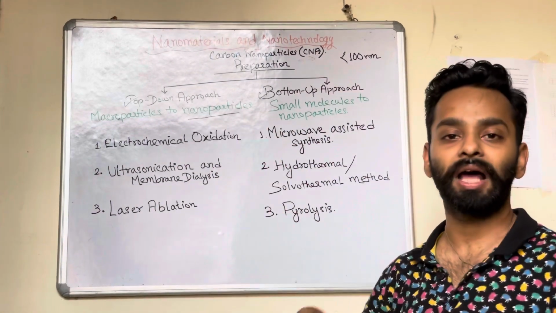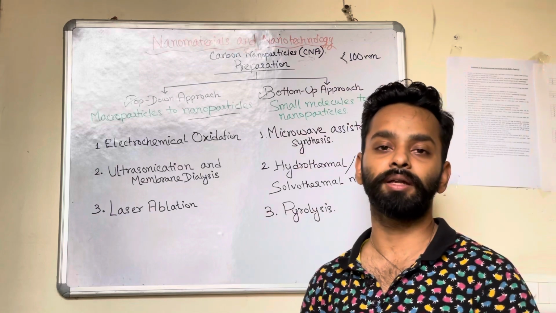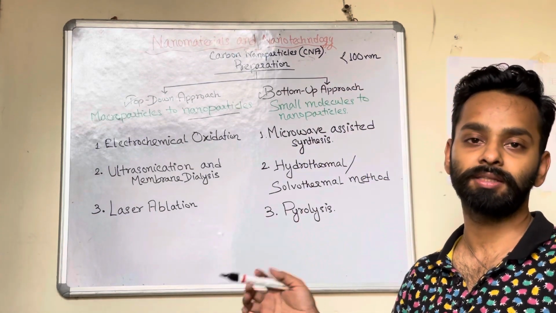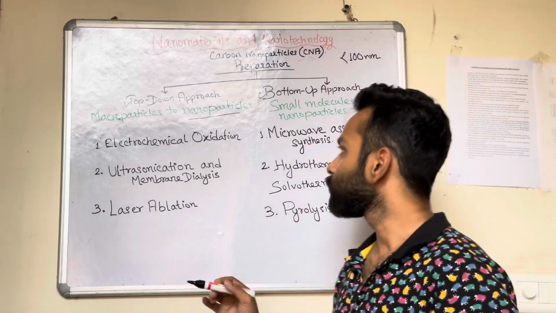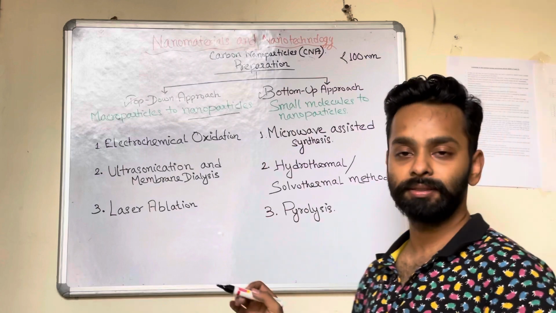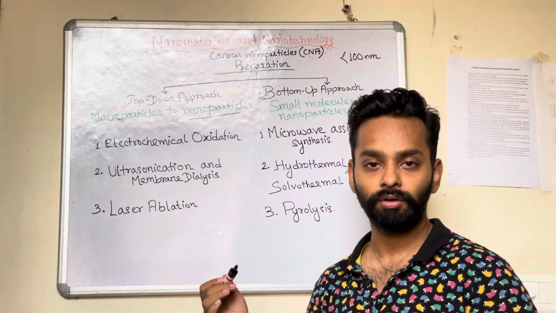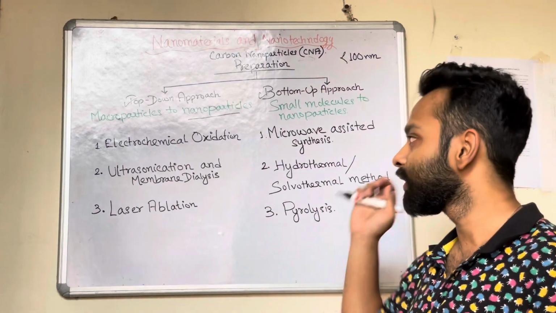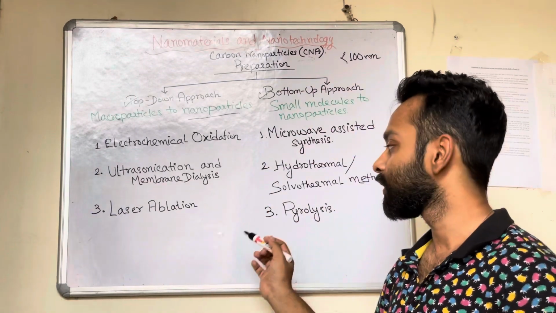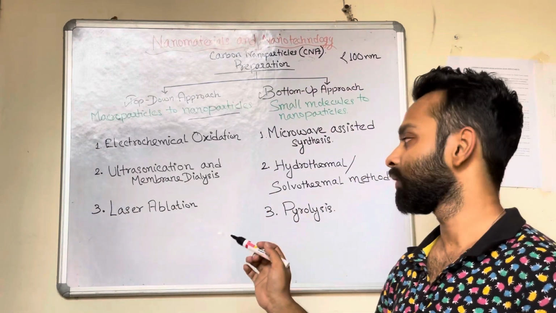So particles with higher size will be broken down to give particles in the nanoscale region, that is, size less than 100 nanometers. There are three important methods in this top-down approach: first, electrochemical oxidation; second, ultrasonation and membrane dialysis; and then laser ablation.